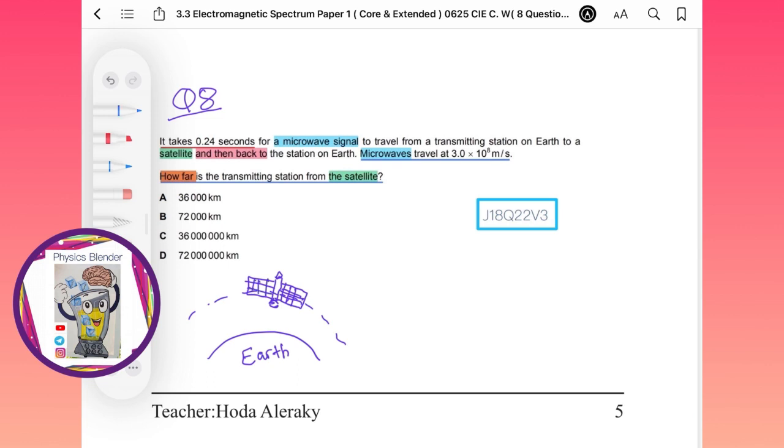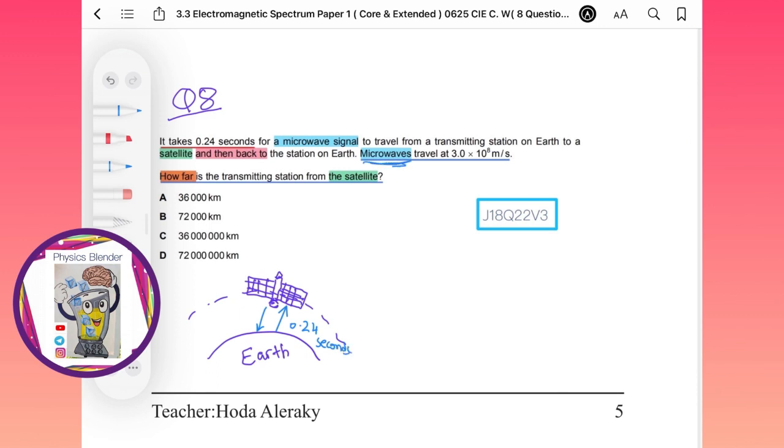Okay, transmitting signals. You have here a station. The microwave signal travels from the transmitting station to a satellite in this direction and back to Earth. Okay? It took 0.24 seconds. Okay?